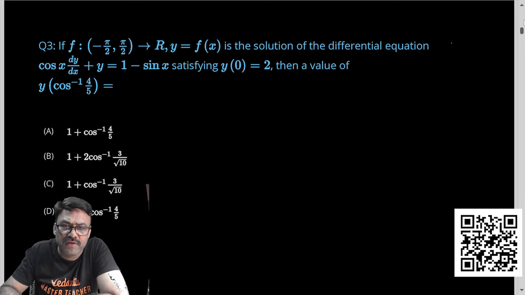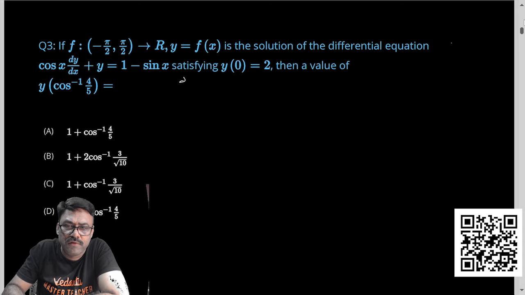Now see, I can write this differential equation as dy by dx. I'm dividing the whole equation by cos x here. So dy by dx plus secant x times y, and on the right side I will get secant x minus tan x.